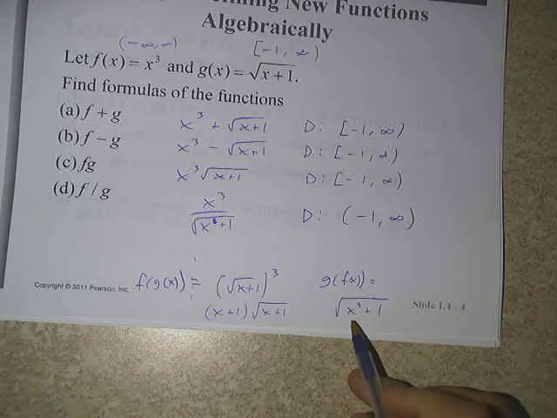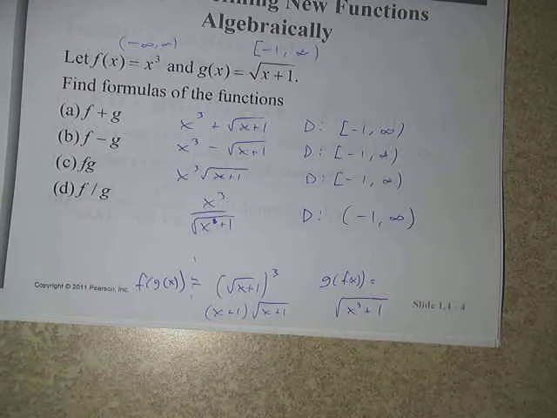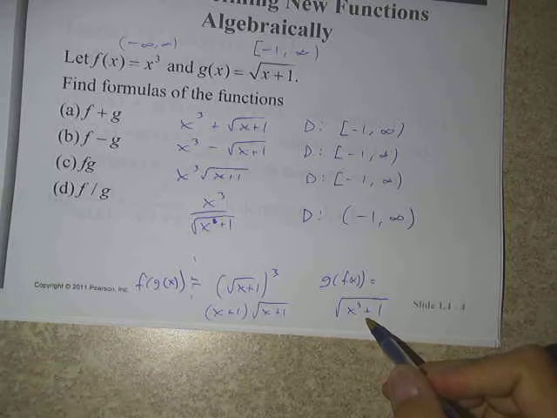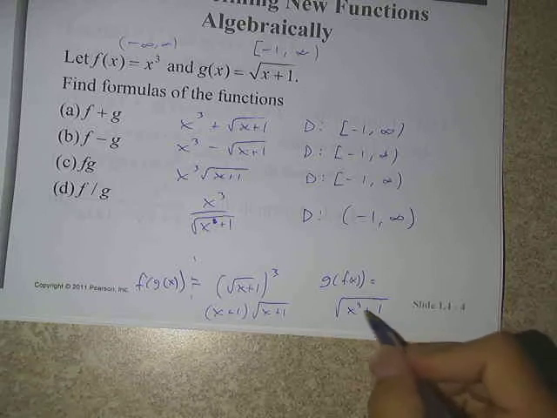What about g of f? What would g of f look like? If I did g of f, that means I'm putting the f function into the g function. And that means that I'm going to take this, plug it in here, and so this time I'd have the square root of x cubed plus 1.